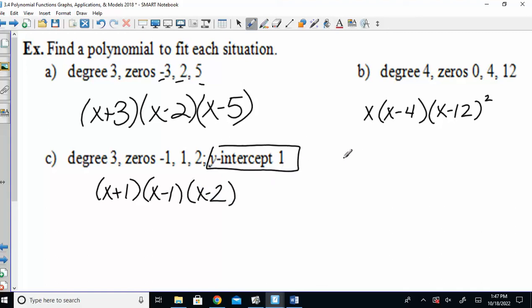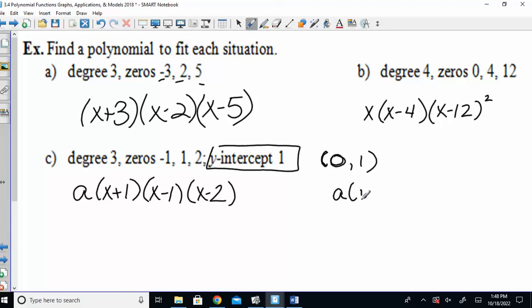The y-intercept is 1. That's kind of like a point on my graph. That's saying a y-intercept, what's my x value there? 0. So it's saying when x is 0, this whole thing has to equal 1. Remember the ones we were doing the other day where we had a number out in front? We need to figure out what that number is here.